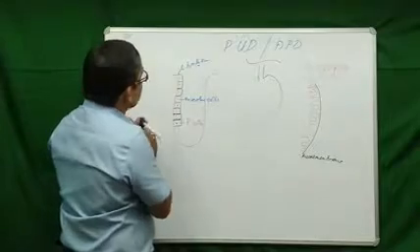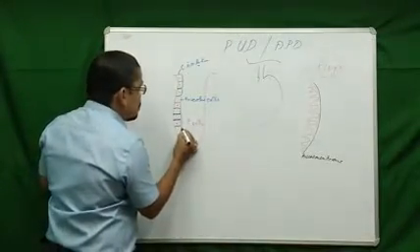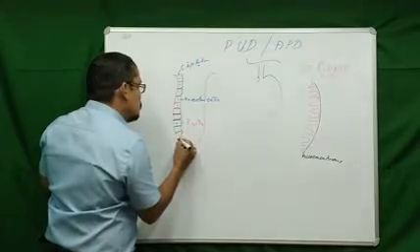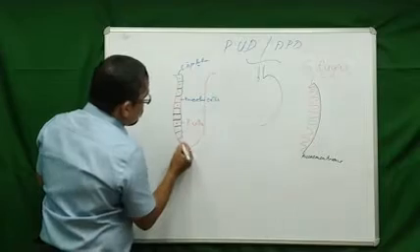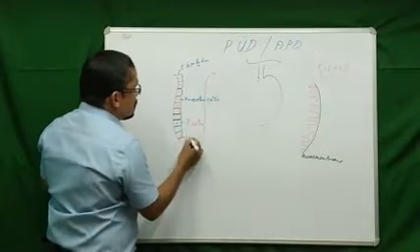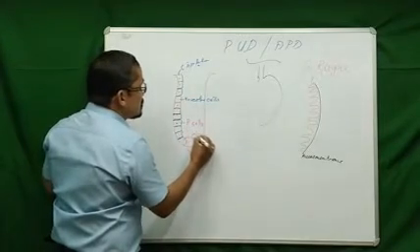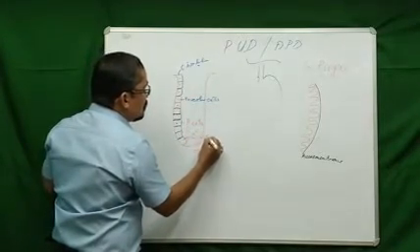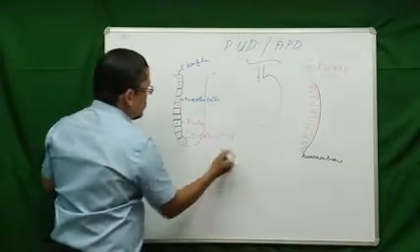Again, columnar cells, and in between the columnar cells you can see another set of specialized cells. These cells are known as C cells or chief cells.